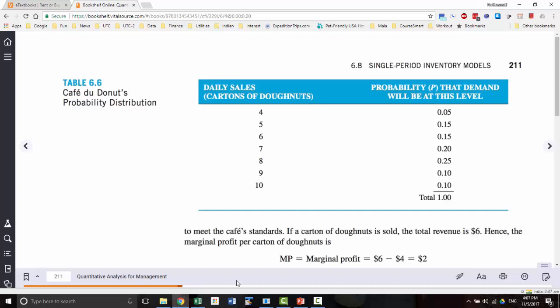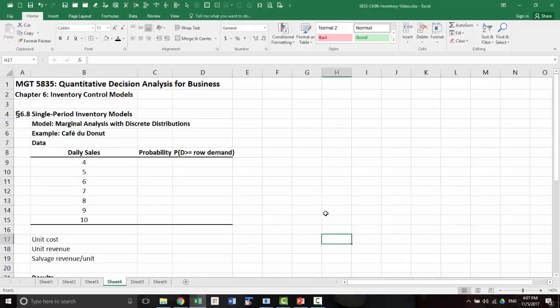These are the possible demands for the donut cartons, and these are the probabilities. Unit cost is $4, revenue is $6, and salvage value is 0. Just throw them away.